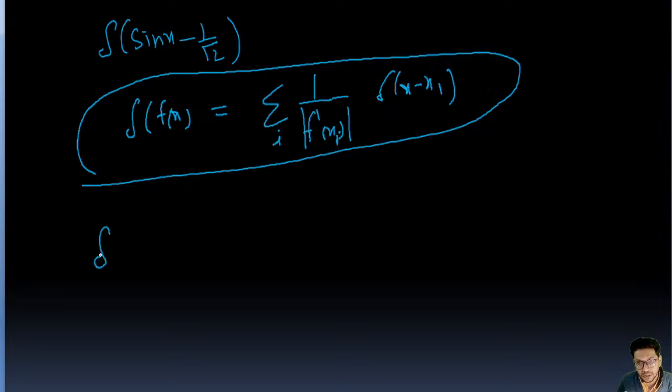So it is going to be delta of sin x minus 1 upon root 2. This is going to be sigma, and first we will find out the roots.